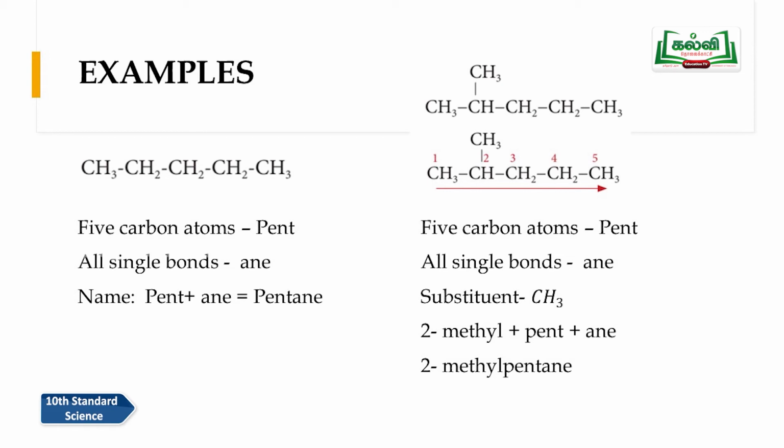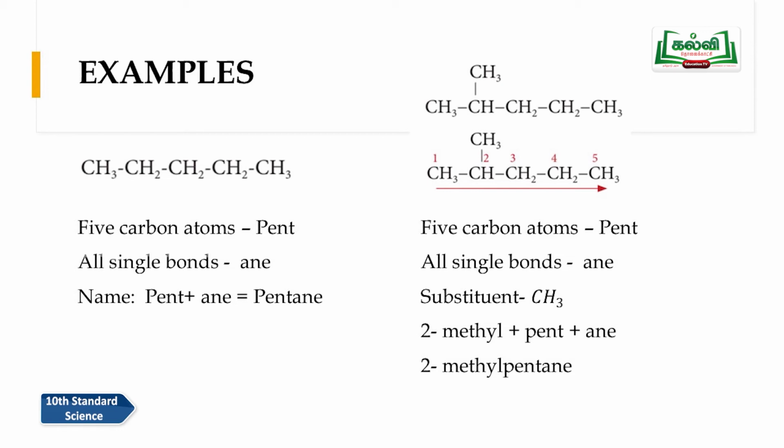So, the second carbon atom carries the CH3 group. So, the substituent is CH3 and it is present on the second carbon atom. Next we are going to see the nature of the bonding. The nature of bond is single bonds. So, when single bonds are present, the ending will be ANE. 5 carbon atoms are present, therefore it is pent.